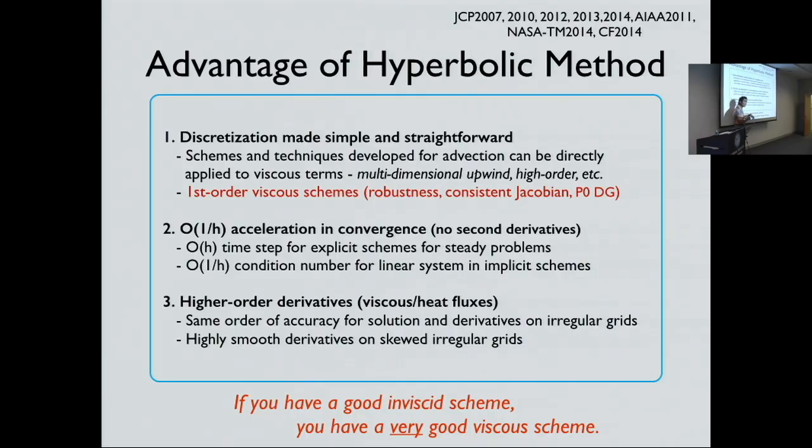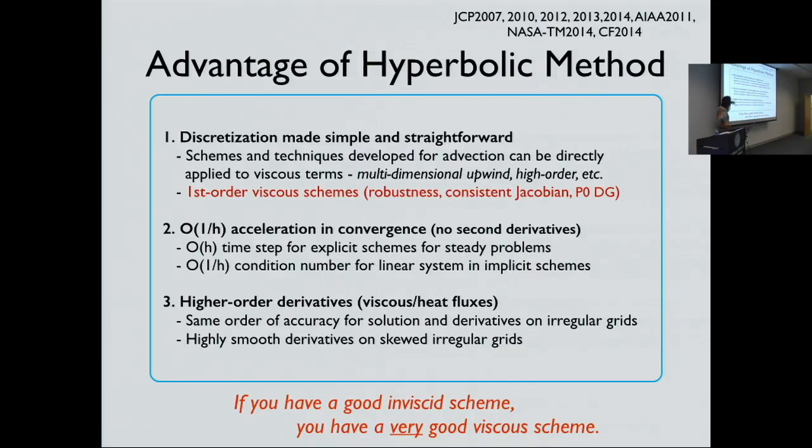And a consistent Jacobian: when you construct the implicit scheme on the Jacobian side, typically for the implicit term you differentiate the first order compact upwind scheme. And you can do the same for the viscous scheme. And if you work on DG, you can easily construct the P0 viscous scheme. And in p-multigrid, you can go down to P0 with no problem.